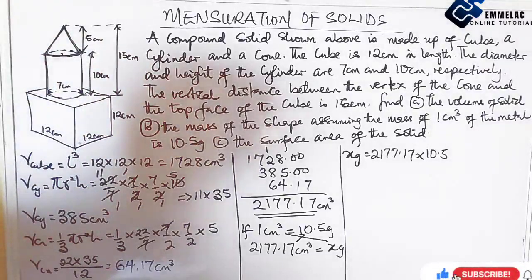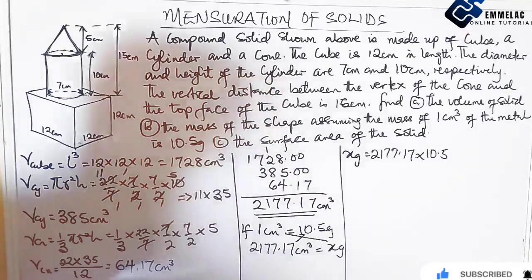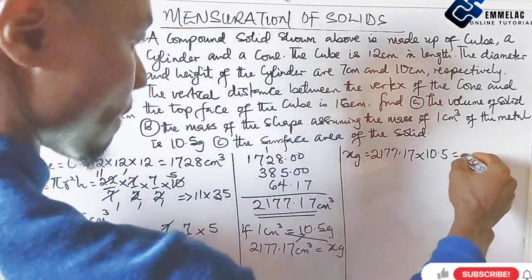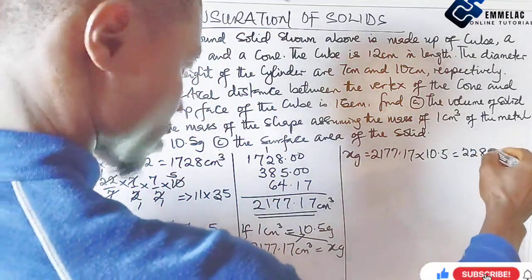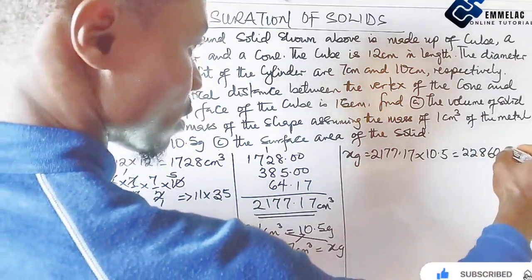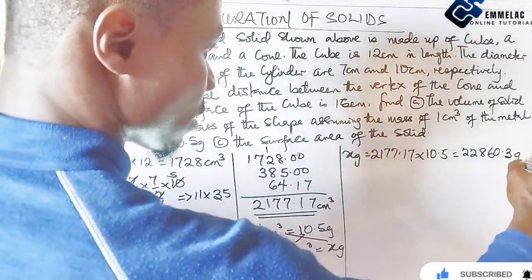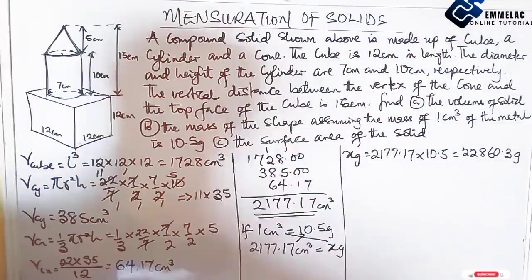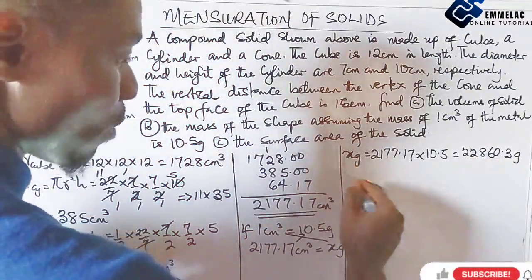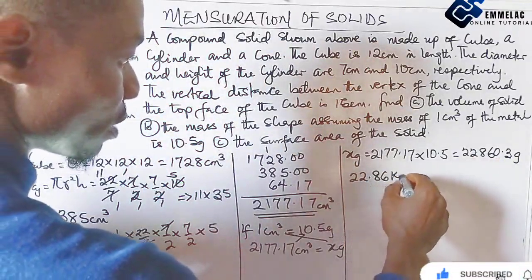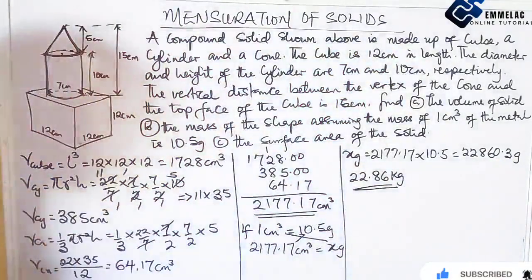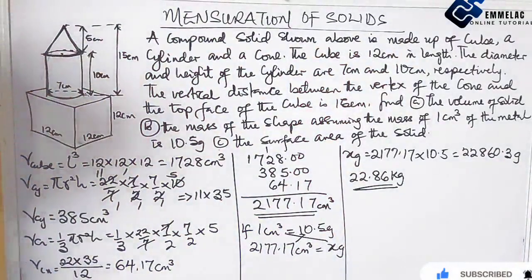According to our calculator, this gives us 22860 point something, approximately 3 gram. We can convert this to kilogram by dividing by 1000, which gives us 22.86 kilogram. That is the answer.